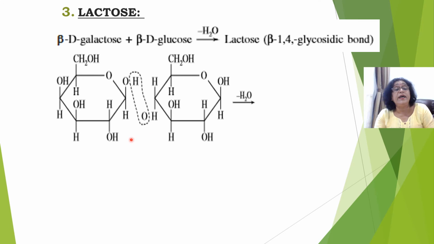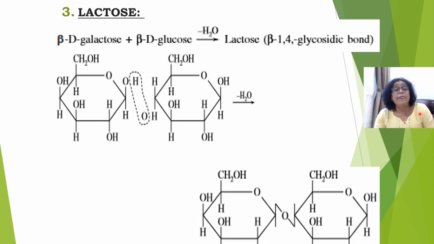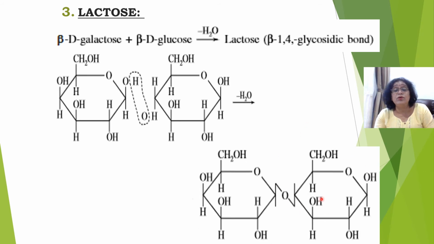So this is beta D galactose and beta D glucose. So in beta D galactose and beta D glucose together, two OH interact and water is given out, and lactose is formed. So here this is the glycosidic linkage formed between the two OH groups.